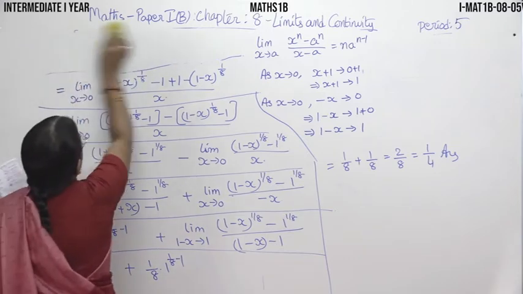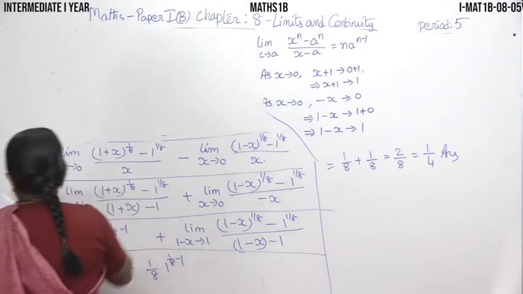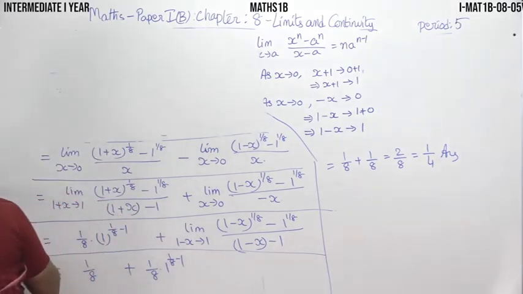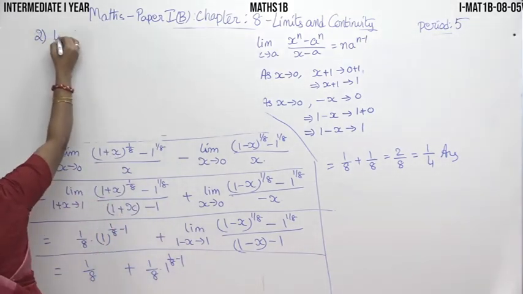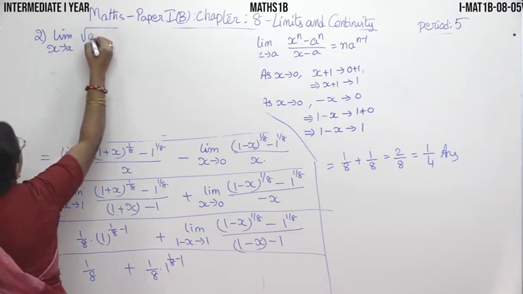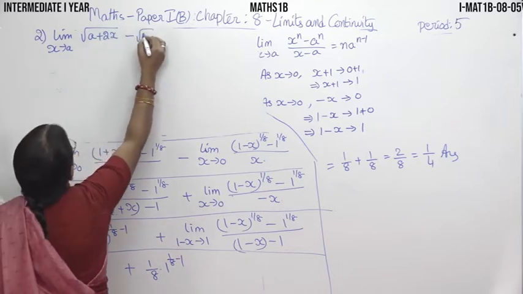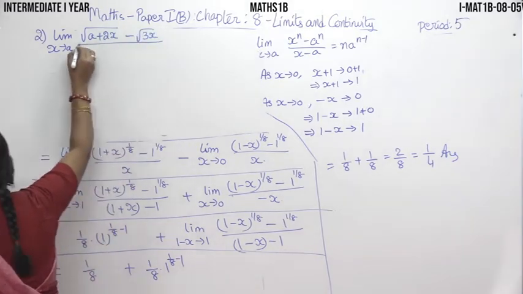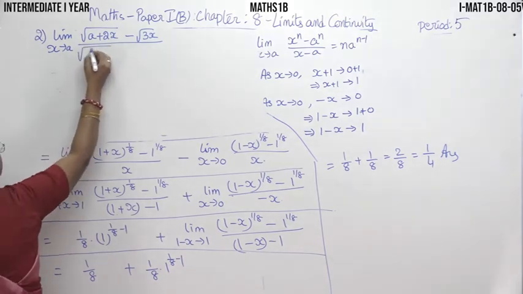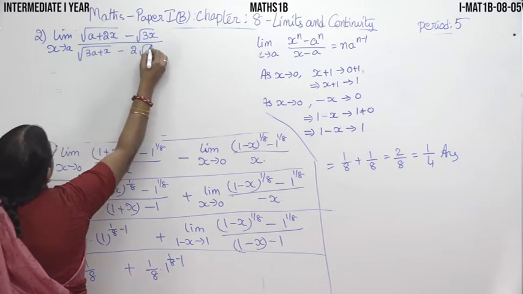Next, second problem. This is again very important. Second problem. Limit x tending to a of root of (a plus 2x) minus root 3x by root of (3a plus x) minus 2 root x.